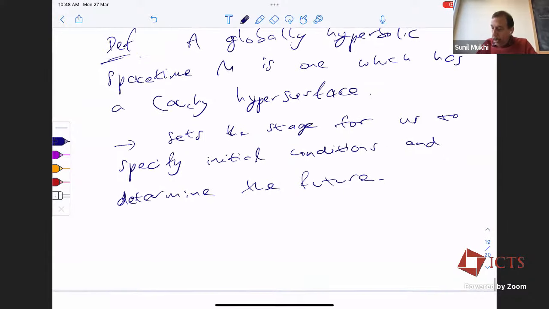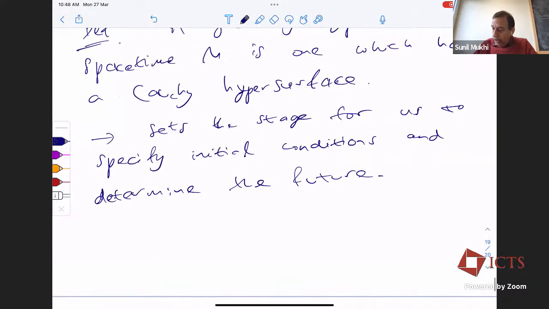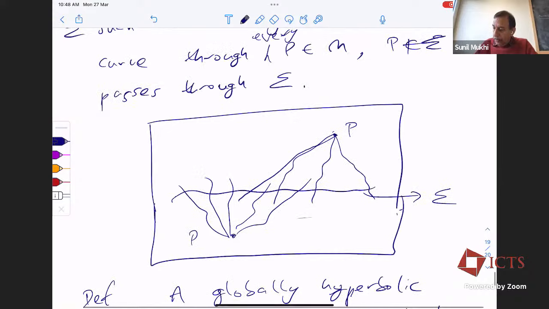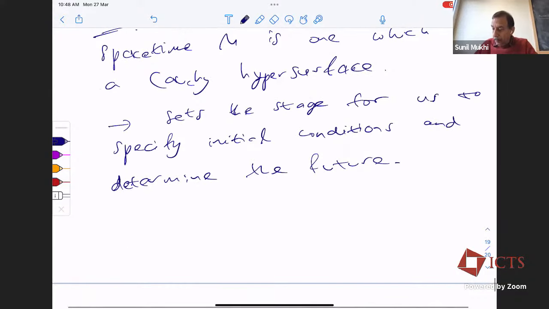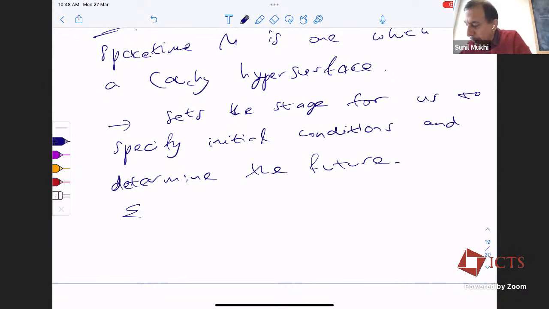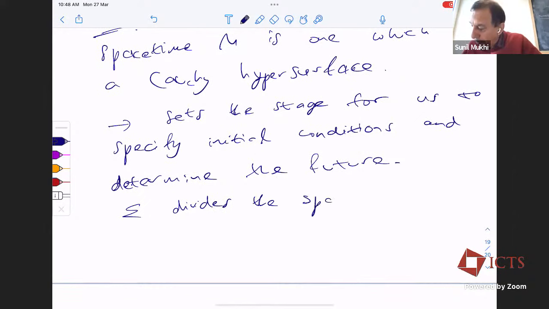Now, one thing to realize, and it's obvious from the picture, is that this Cauchy surface sigma divides the space-time into a past and a future.